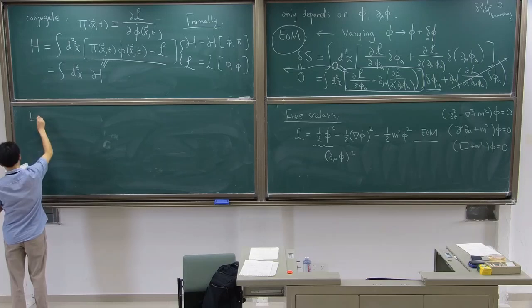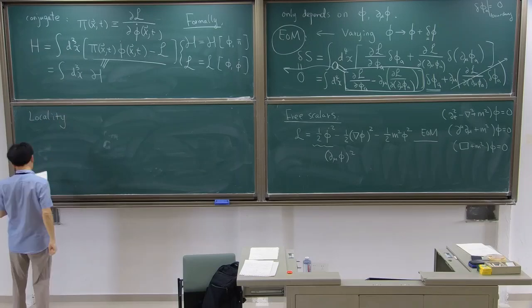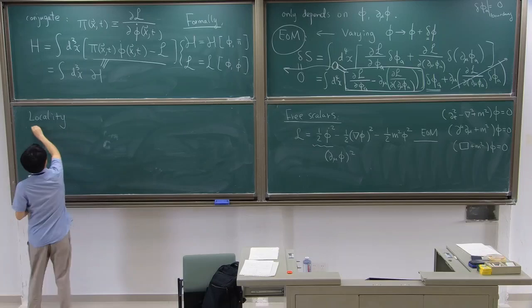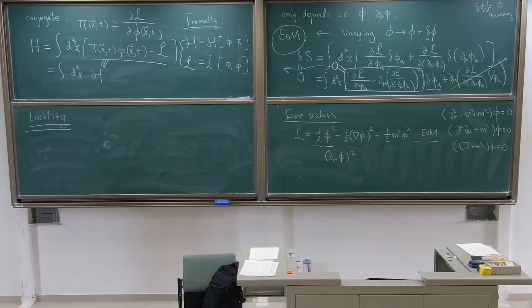So one important additional requirement or property of a usual reasonable theory is so-called locality. What is locality? Some of you may have already studied it once.